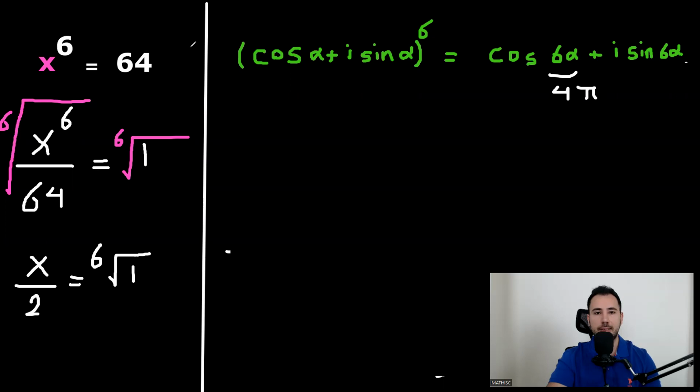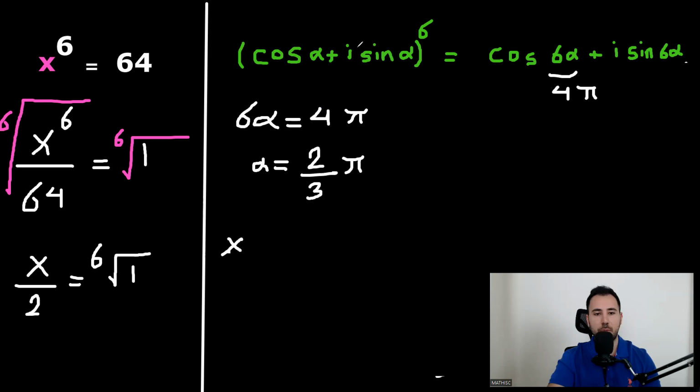So we know that 6 alpha is 4 pi. So alpha would be 2/3 of pi. Okay, so writing it like this, I'm going to go faster. X over 2 will be cosine of 2/3 of pi.